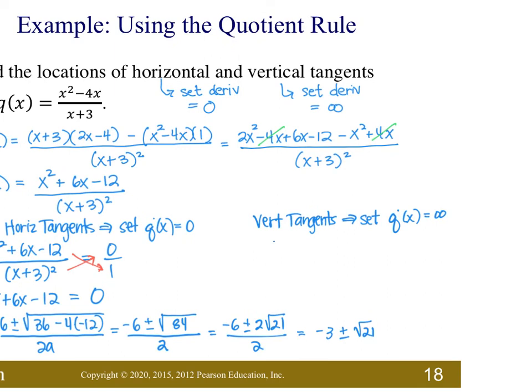So that's x squared plus 6x minus 12 over x plus 3 quantity squared set equal to infinity. Now there's a better way to write infinity. Infinity is 1 over 0. It's the reciprocal of 0. That's the definition of infinity, the undefined number. So then I'm going to cross multiply these.